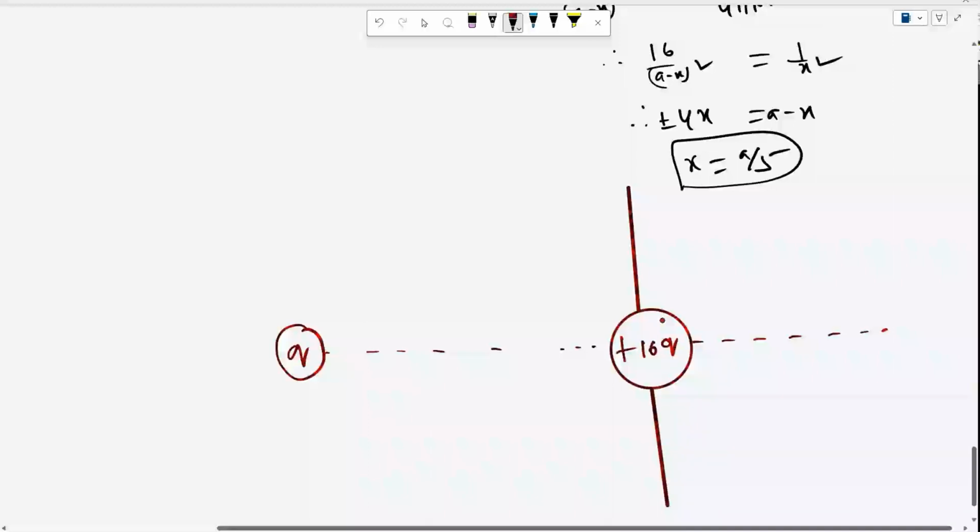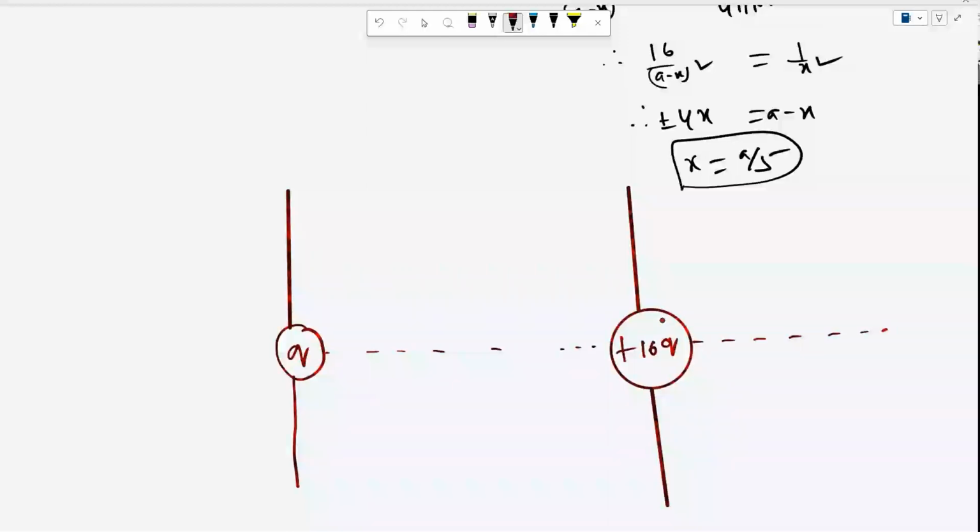Similarly, you draw the same thing here. Why am I drawing first? Because my calculation will be perfect. Okay? You also need to make it perfect.